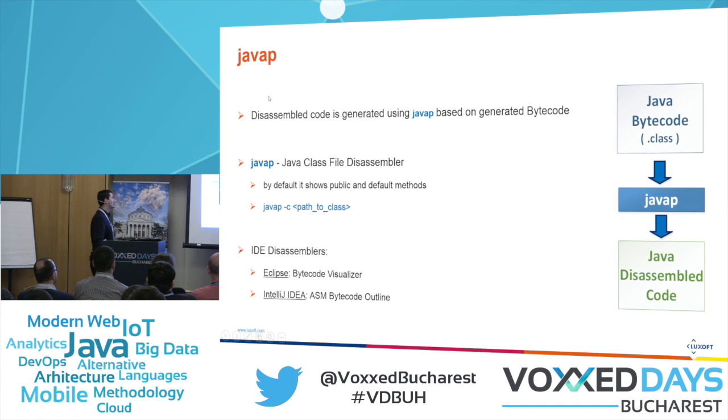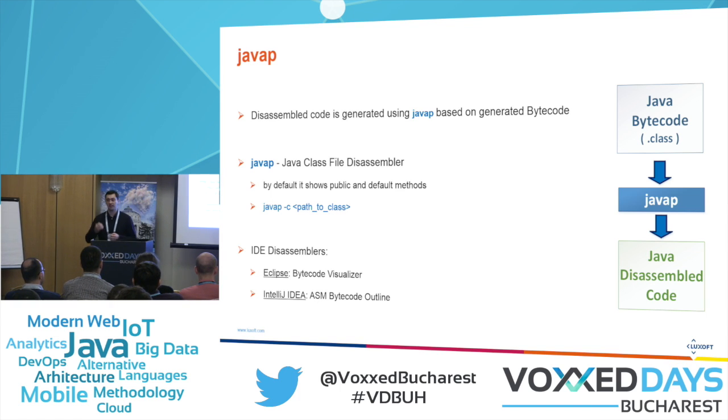Okay, javap is the reverse way. What it means is I have the bytecode initially, and through javap, I can disassemble my bytecode into a human-readable representation to check what the opcodes are, how it looks.